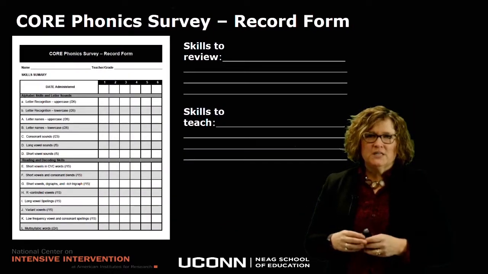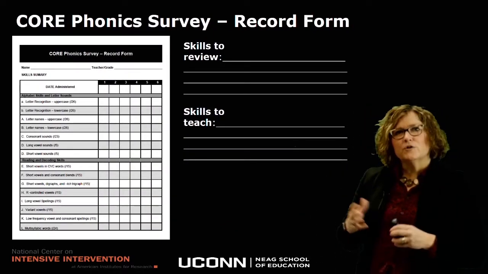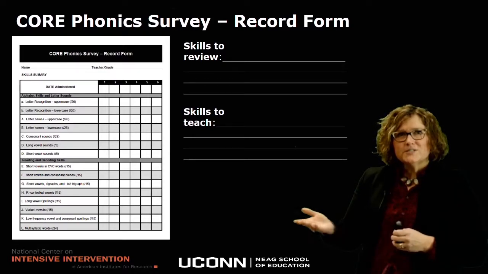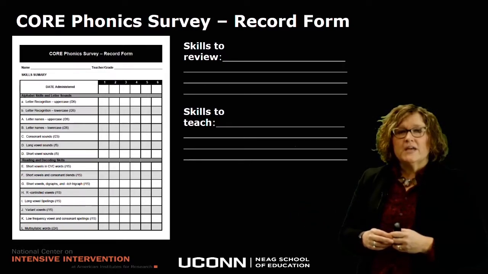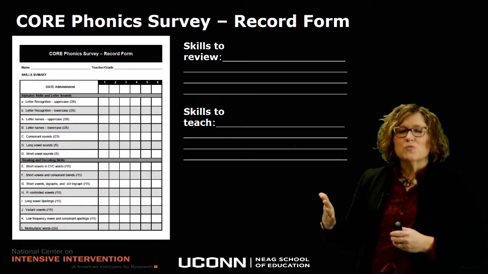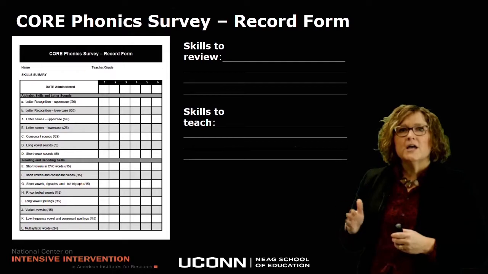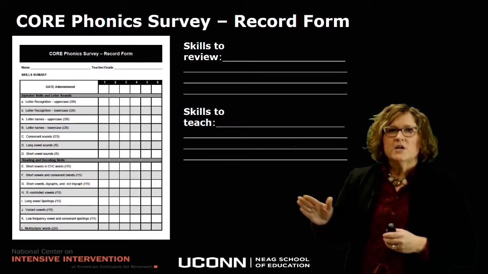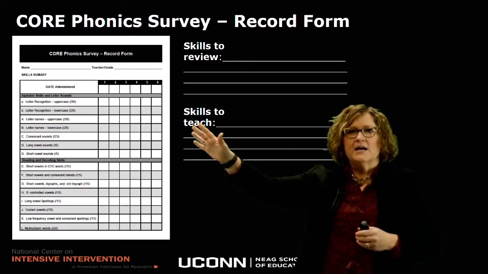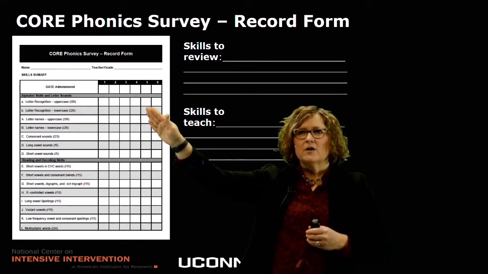So we were just mentioning this Core Phonics Survey, and you might have heard me speaking about this before, but this is just an example of that survey. This is actually the teacher record form that would be used. In a minute, we're going to show you an example of a scored student record form. So on here you can see the different skills in hierarchical order.